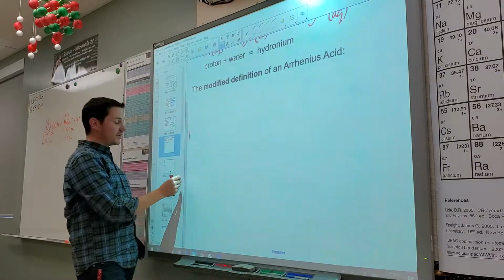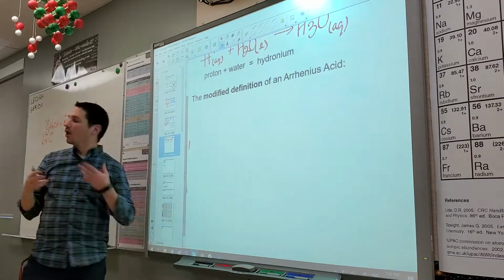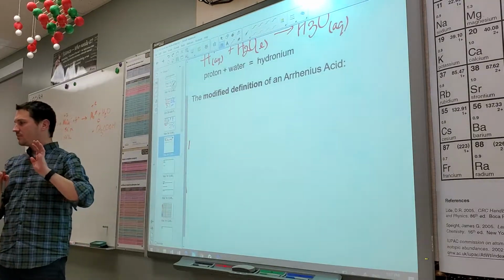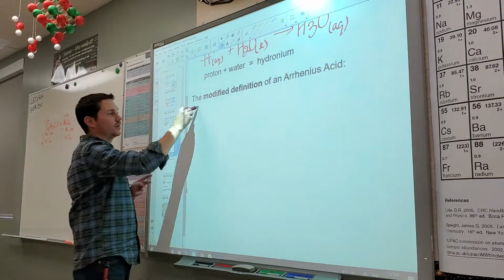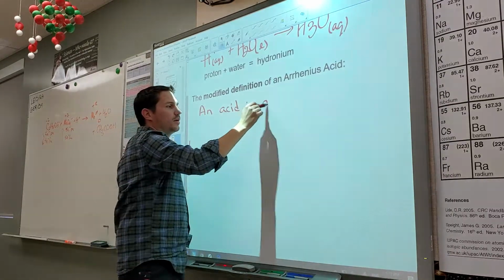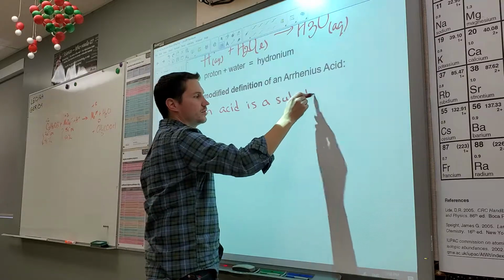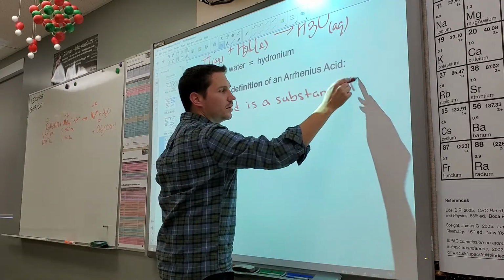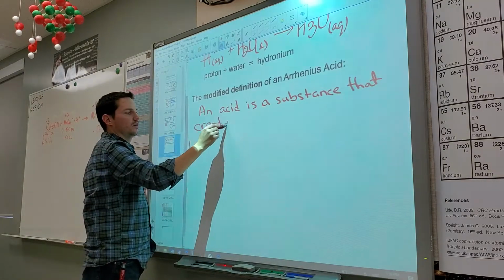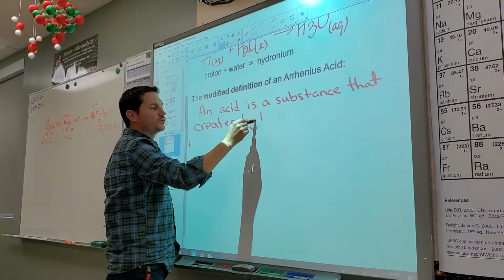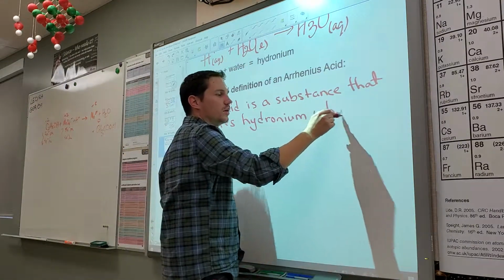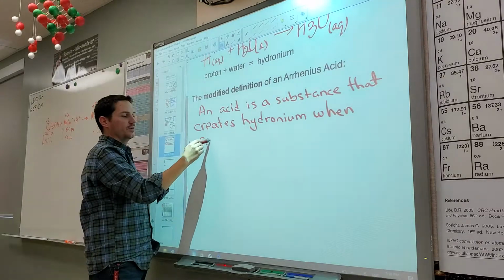So the modified definition. This is still Arrhenius's definition, but we're going to modify it a little bit. So an acid is a substance that creates hydronium when reacted with water.